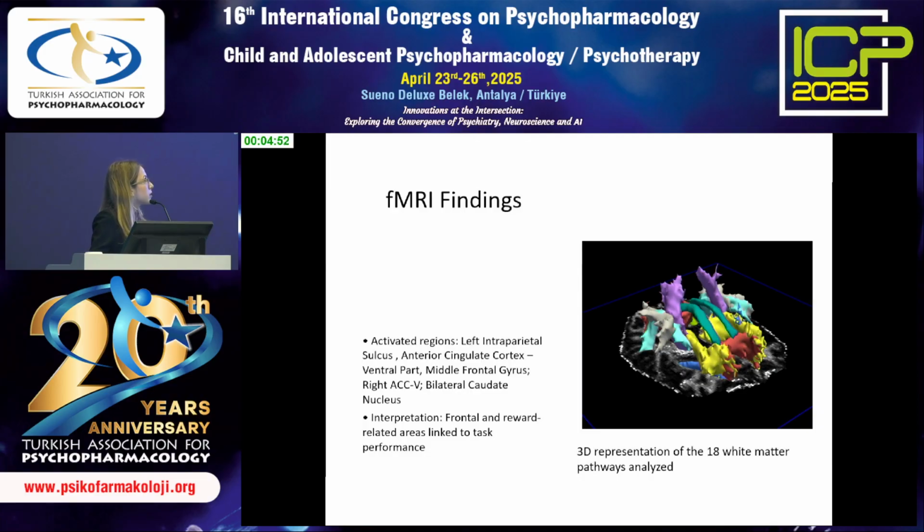We have many findings with details, but in fMRI, especially the left intraparietal sulcus, anterior cingulate cortex, frontal part, middle frontal gyrus, right ACC, and bilateral caudate nucleus showed an activation increase. As we all know, these regions are also connected to frontal and reward-related areas.